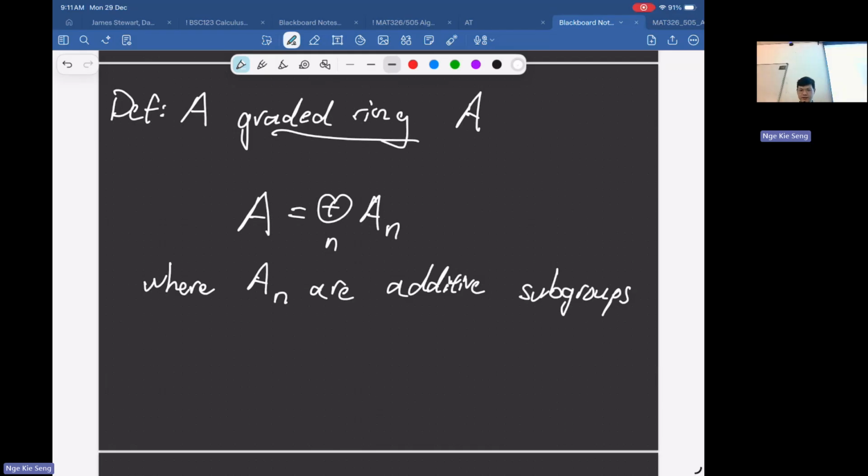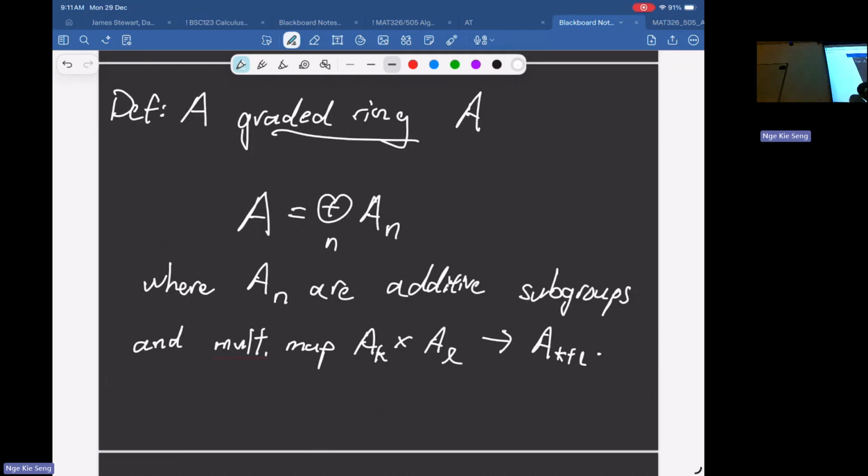But the multiplication doesn't stay on the same level; rather it takes A_k times A_l to A_{k+l}. So you might see that A_n is not closed under multiplication, but the whole A is.